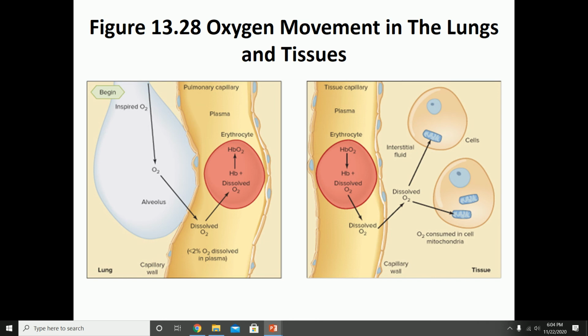It could be if there's an area of inflammation that also further decreases the pH. There could be a fever. That means, again, that there's an increased demand of oxygen. So all of these factors are going to shift that dissociation curve to the right, making it easier for hemoglobin to let go of its oxygen.